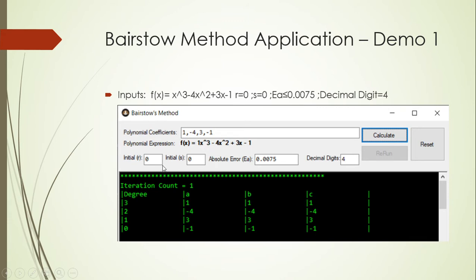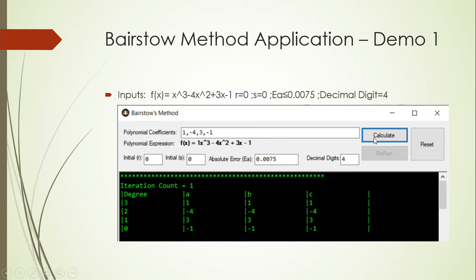It will automatically assign the values here. Since the initial value of r is 0, we just put 0 here. Initial value of s is 0, and the absolute error is 0.0075 with a decimal digit of only 4.